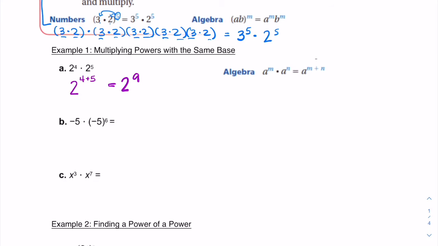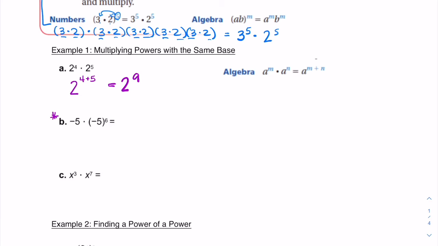Letter B. -5 times -5 to the 6th. Cuando usted no ve un exponente, okay? It's kind of the same rule when we just see a variable, cuando vemos una letra sola. Nosotros ya entendemos, si no veo un número enfrente de la letra, es porque tiene una cantidad de 1. Same thing here with the exponents.